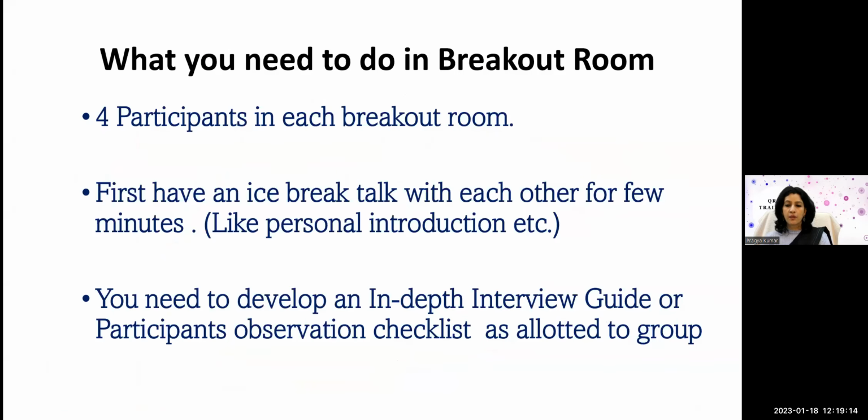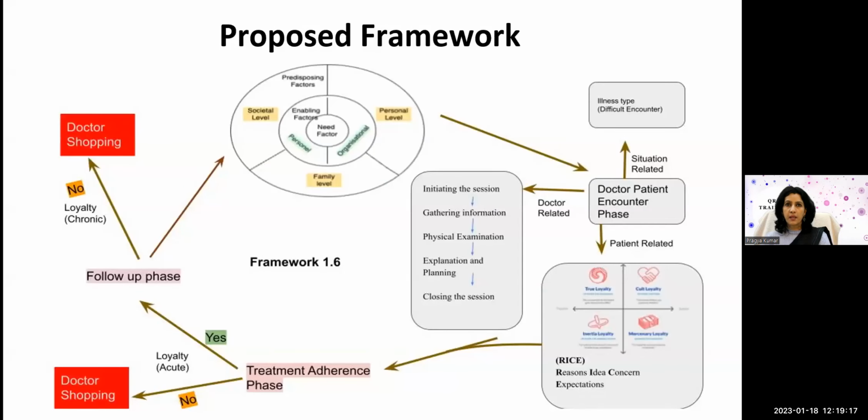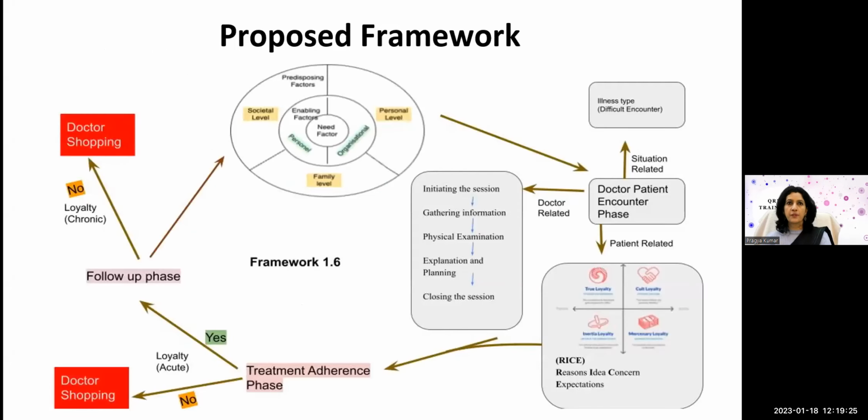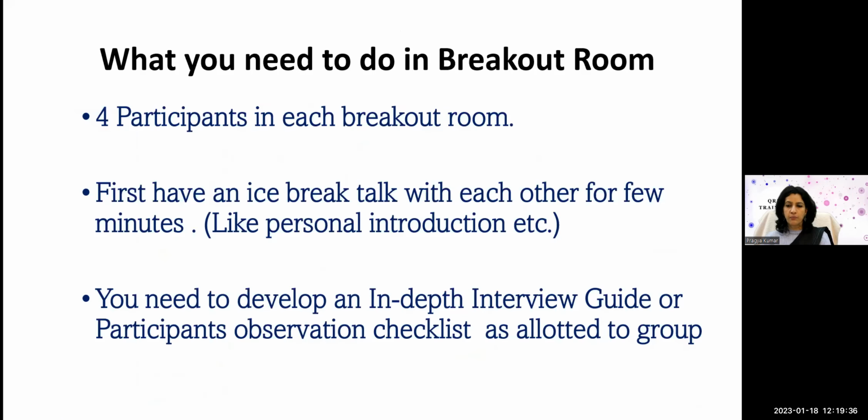We will divide the participants, with 4 participants in each breakout room. This topic is shared with you as a PDF, and it is there in the chat box also. You can download it from there and then develop the interview guide in your breakout room.